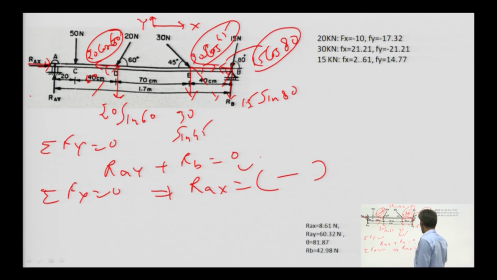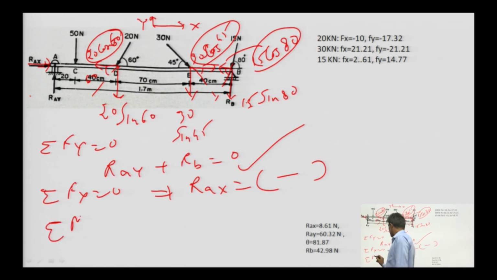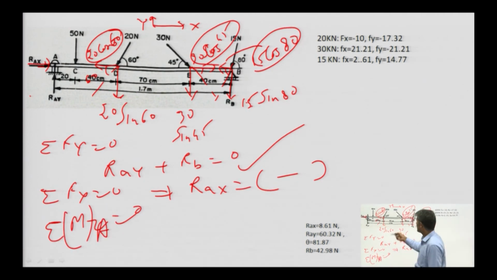This will be the value of RAx. And the next step, sigma Mz equals 0, about A. Apply the moment equation in the same manner as we did in the previous class. So, you will have another equation in RA and RB. Then by solving these two equations, you can calculate the value of the support reactions.